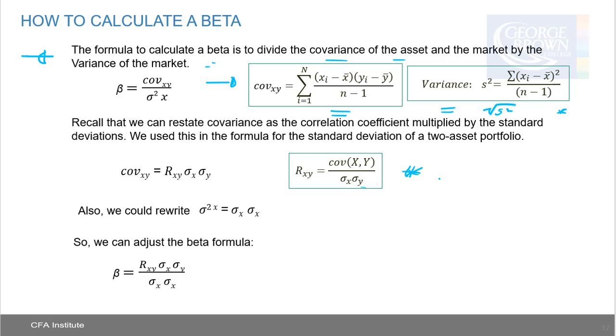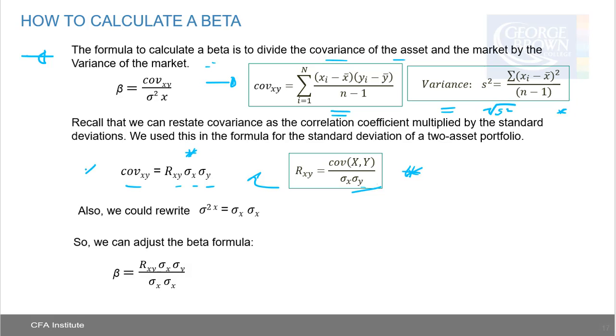Correlation equals covariance divided by standard deviation of x times standard deviation of y. So just doing a little bit of rearranging, we know that covariance equals correlation of x and y times standard deviation of x times standard deviation of y.